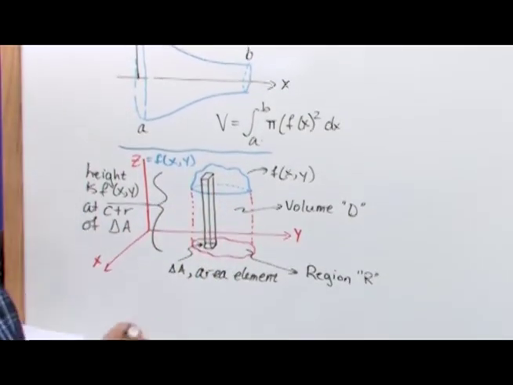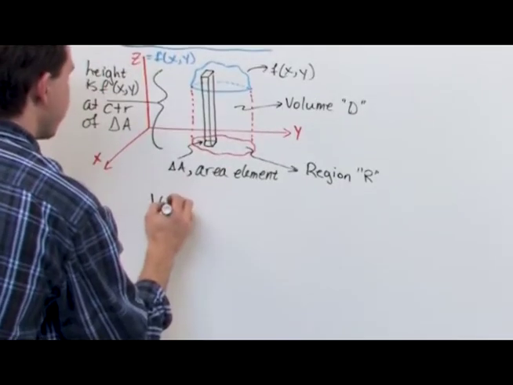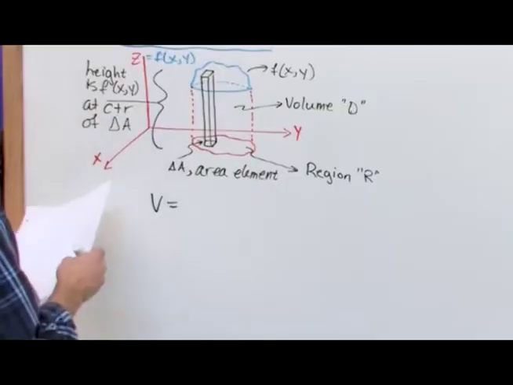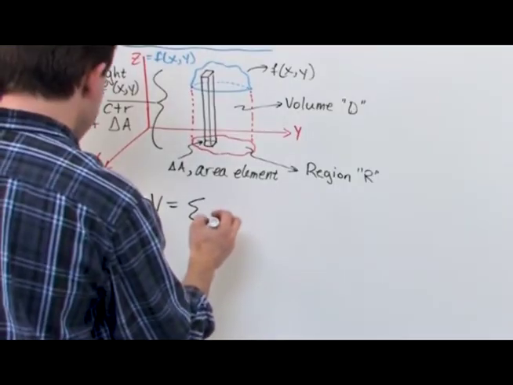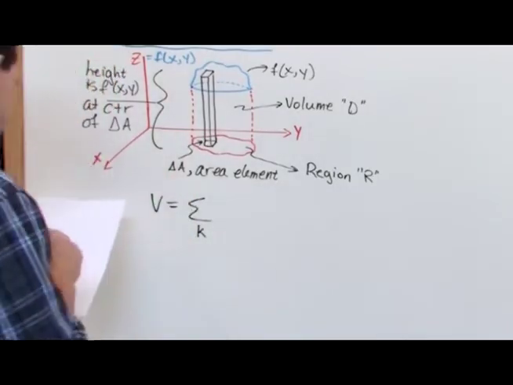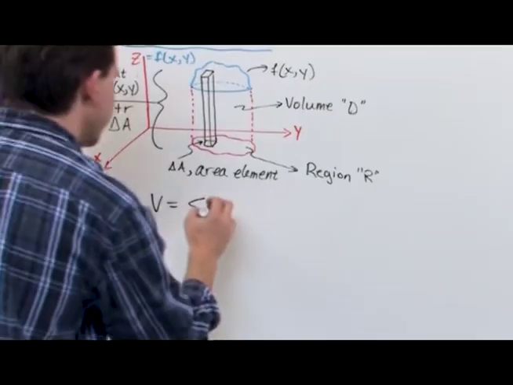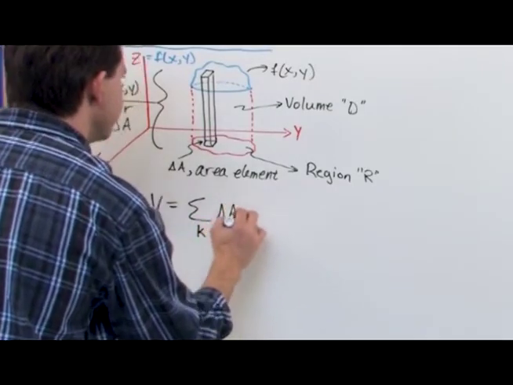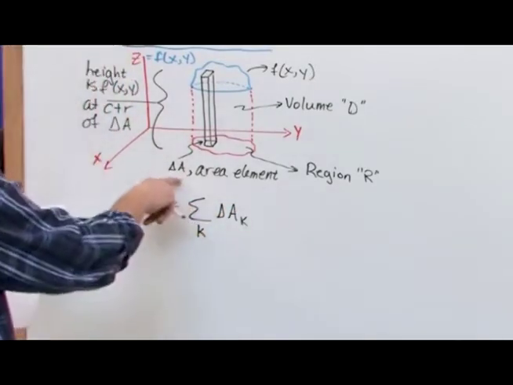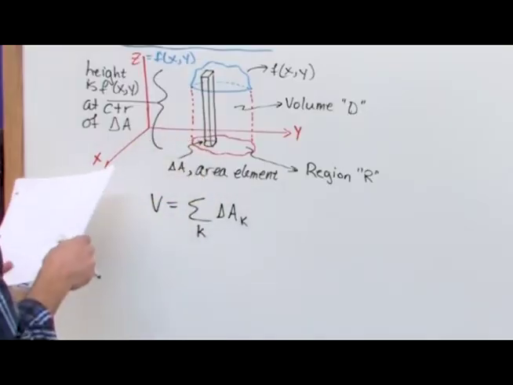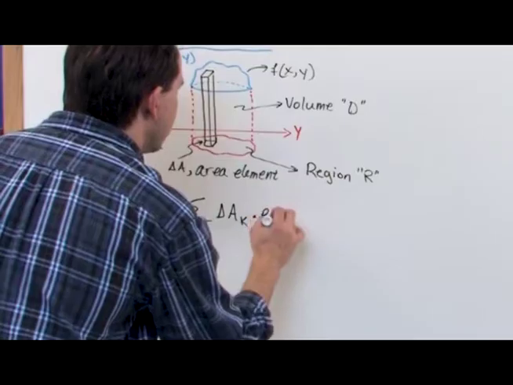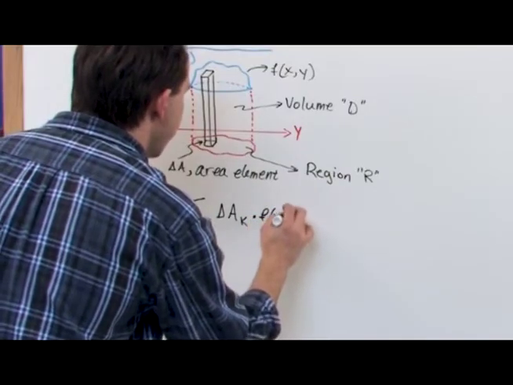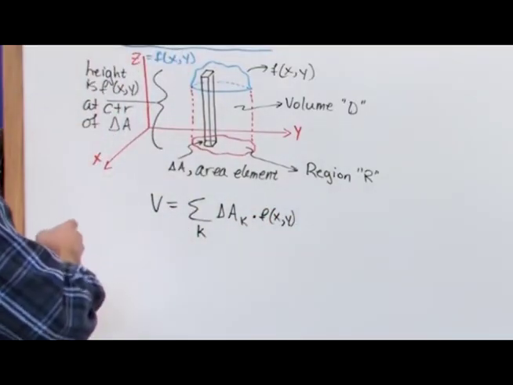Okay, so the volume, in quick notation, is going to be the sum over K, and I'll explain this in a second, of delta A sub K, times the function f of x comma y. Remember, delta A is just an area element, one of these little area elements here. So this is sort of shorthand notation.